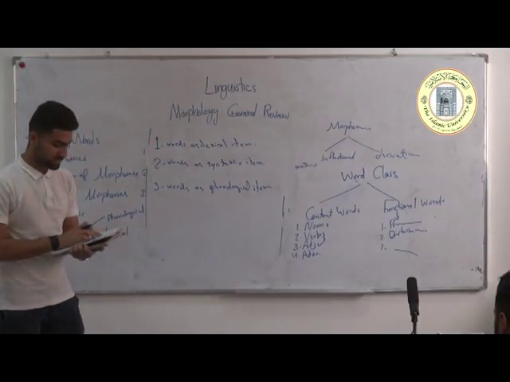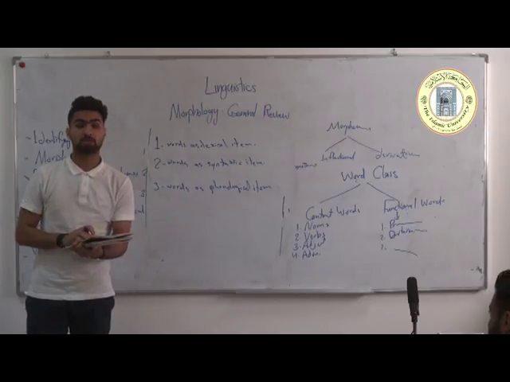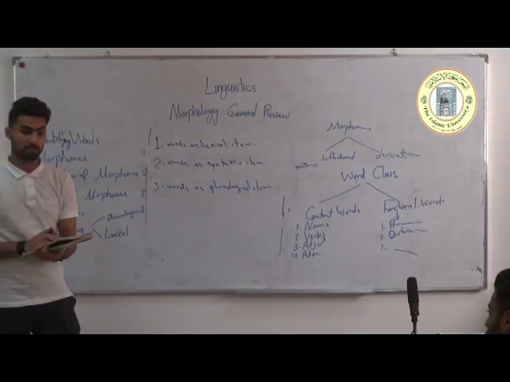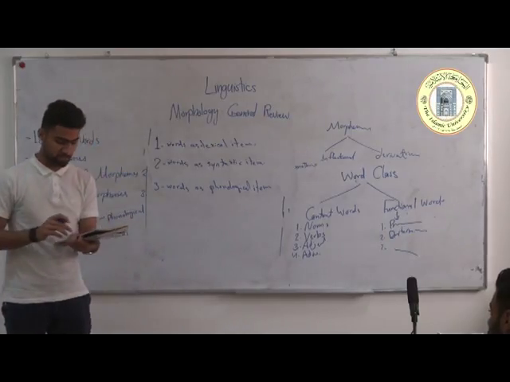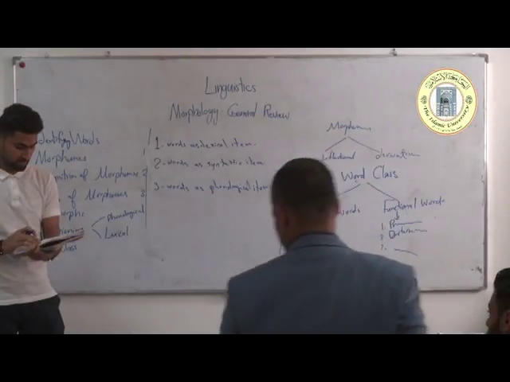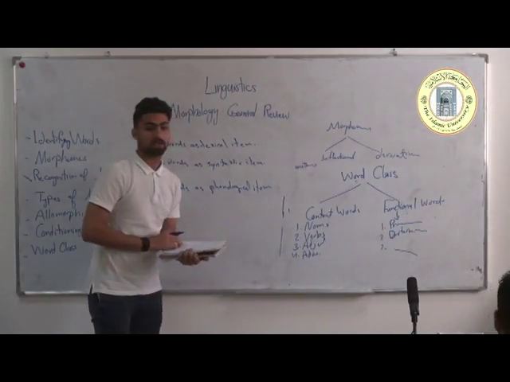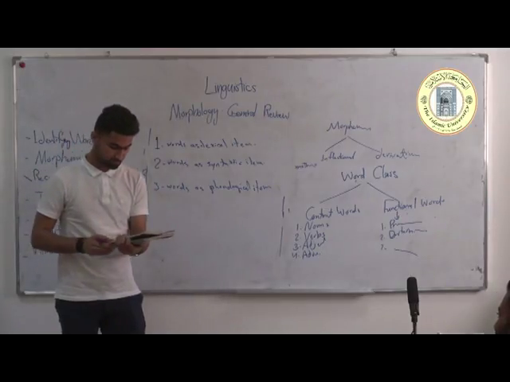The first one, words as lexical items, is when the word is considered in a lexical context. The second, words as syntactic items, deals with the syntax context. And the third, words as phonological items, deals with the phonological context.